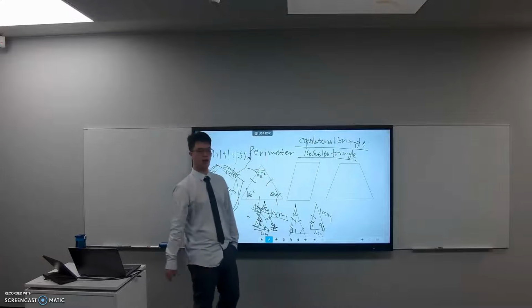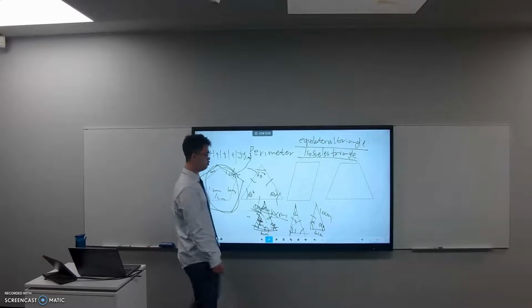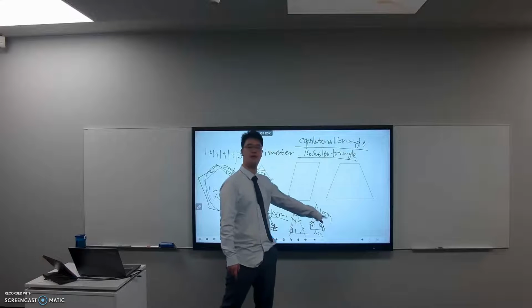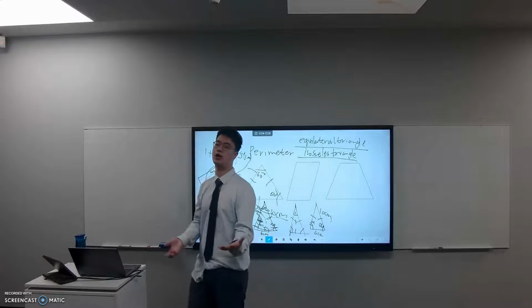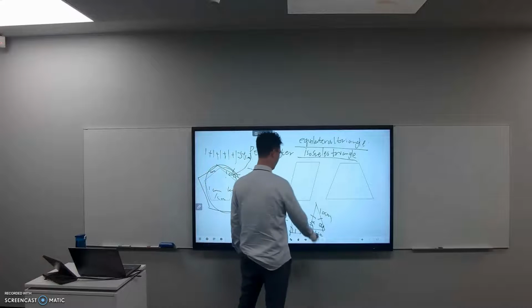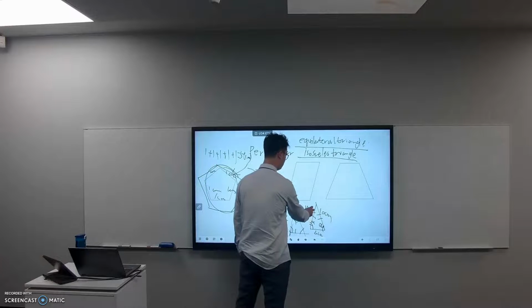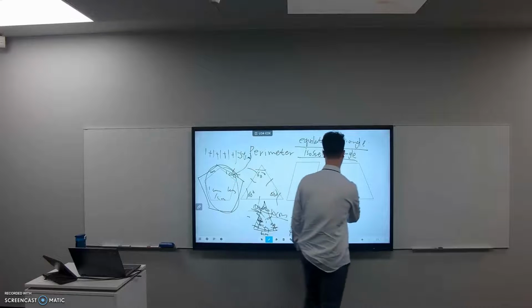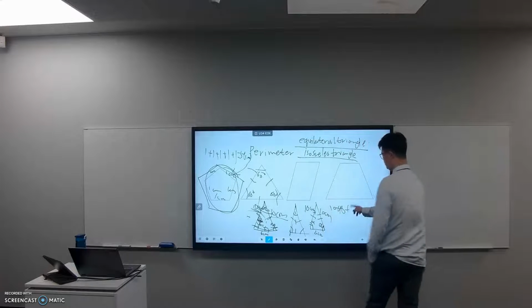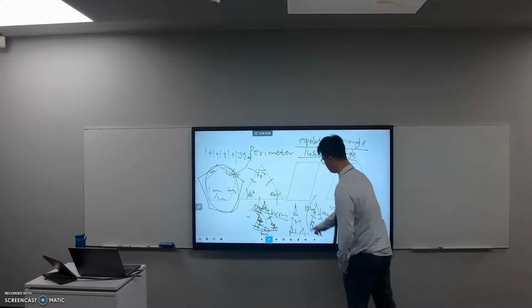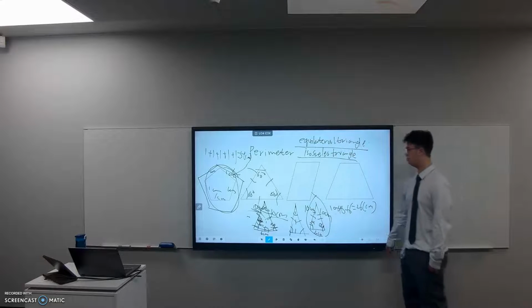Well, you know these two base angles are the same. That means these two sides are the same because it's an isosceles triangle. So this is 10 centimeters as well. Then you can just add them up: 10 plus 10 plus 6 equals 26 centimeters. So the perimeter of this isosceles triangle is 26 centimeters.